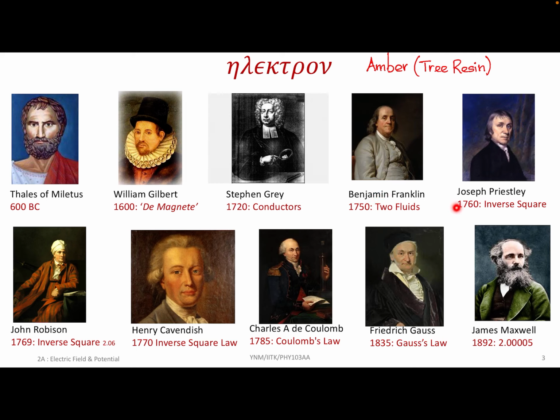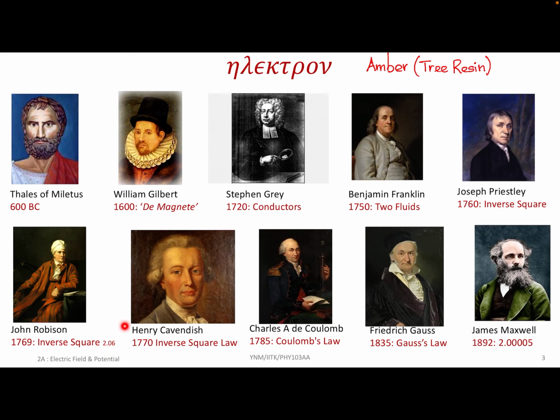Joseph Priestley, mainly a chemist, already anticipated that the force law for charges would be an inverse square law. This is the same Joseph Priestley who brought about the chemical revolution by discovering oxygen. John Robison, around 1769, already started measuring the inverse square law and came up with 2.06.